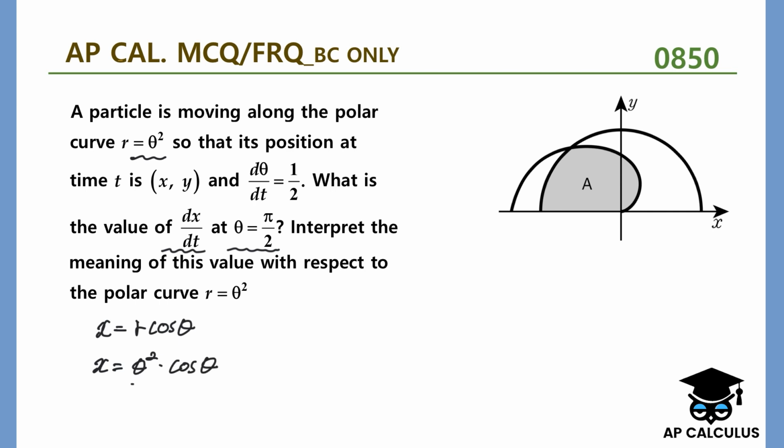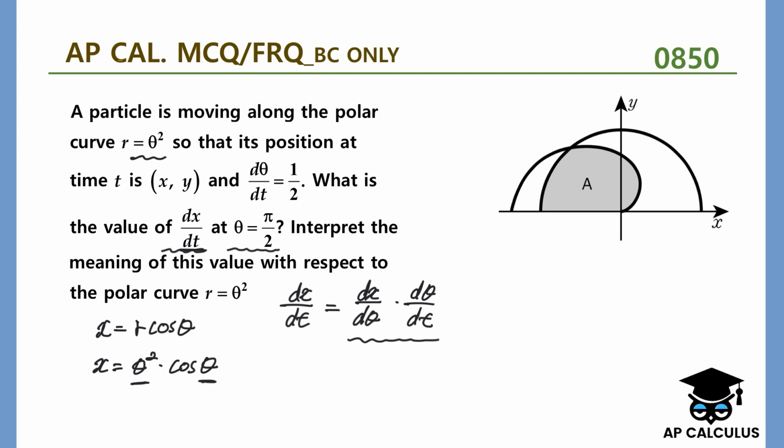X is in terms of theta, but we're looking for dx over dt, so we're going to have to use the chain rule. dx over dt is equal to dx over d theta times d theta over dt, since d theta cancels out.